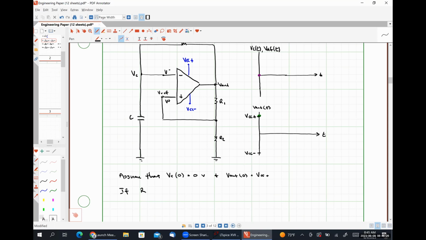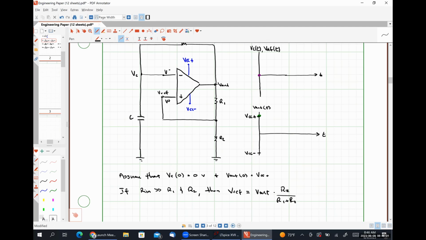If Rn is much, much greater than R1 and R2, then V reference will be V out times R2 over R1 plus R2, because we have established this bias point using a voltage divider at the output.